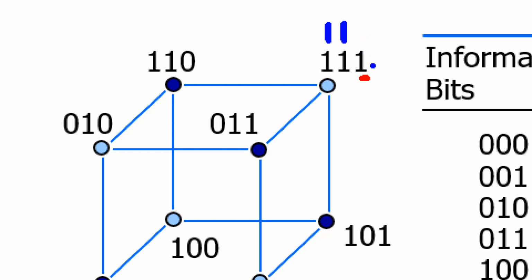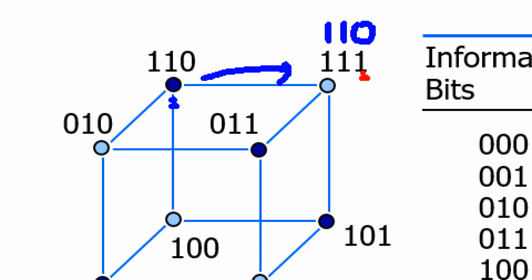If this bit is in error, the correct one must be 0. So the receiver need not request the transmitter to send the data again, if the receiver knows the position of the bit that became error.